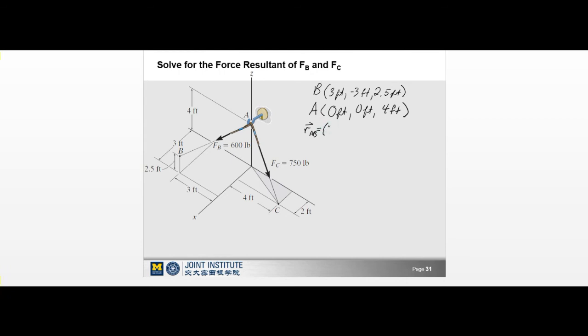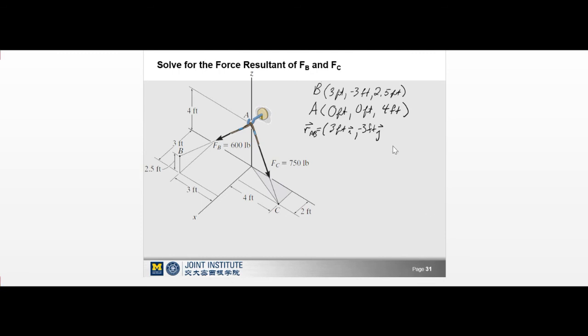So that's 3 feet in the I direction, and -3 minus 0, so -3 feet in the J direction. And then we have 2.5 feet minus 4 feet.